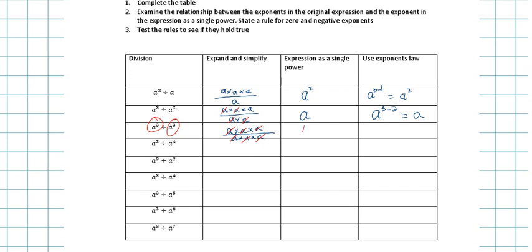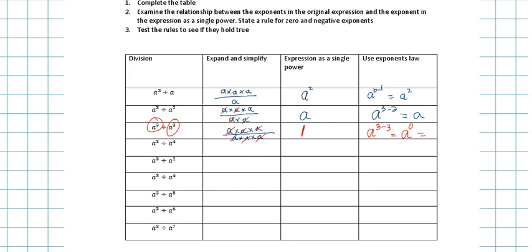Now, let's look at this. If I use my exponent law, I'm going to get 3 minus 3, right? What's 3 minus 3? It is 0. A to the power of 0 is equal to 1. Anything to the power of 0 is 1.